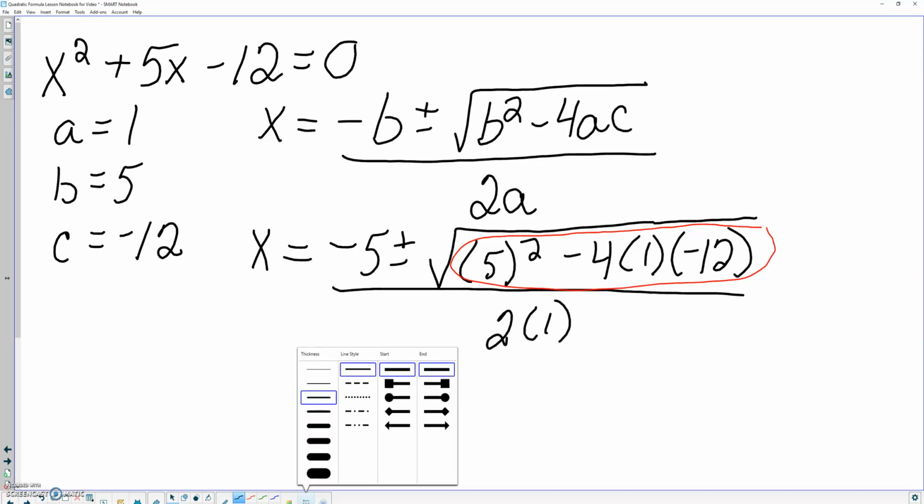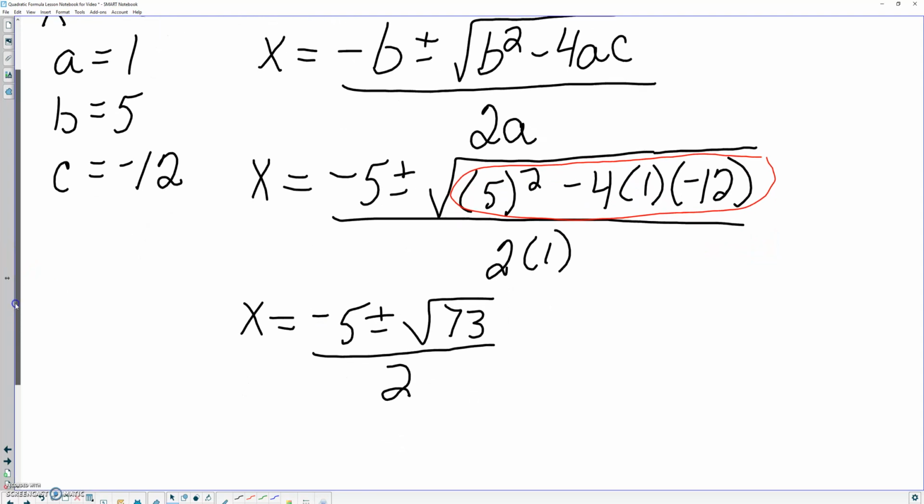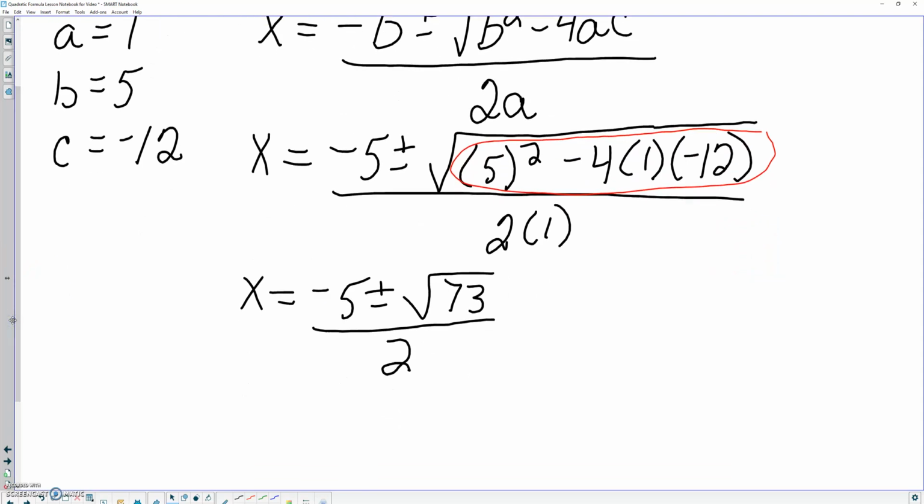Okay. So now I'm going to come back to my paper. So we get x equals negative 5 plus or minus radical 73 all over 2. Okay, so remember, we said a quadratic always has 2 solutions. So that's where that plus or minus comes into play.